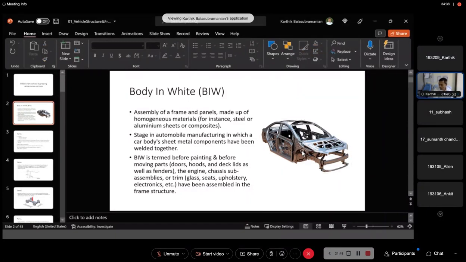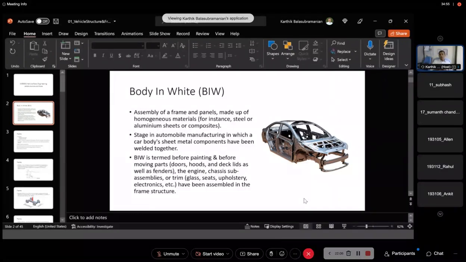This is called BIW. What is BIW? Body in white. This is the integral or unibody. You should know these terminologies if you are going to be placed in some automobile company. Body in white means the assembly of a frame panel made up of homogeneous materials.